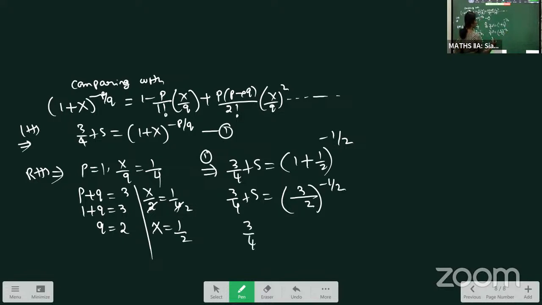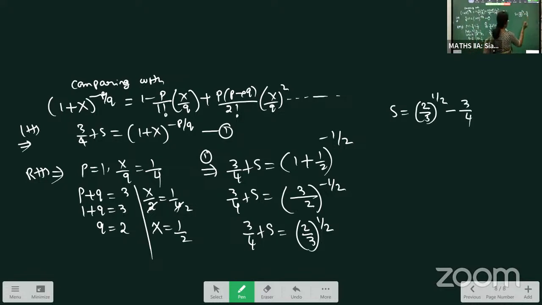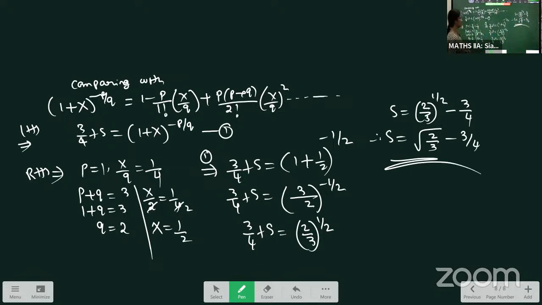Remove the negative power by writing the reciprocal: 2 by 3 whole to the power 1 by 2. He is asking for the sum, so we only want the S value. S is equal to 2 by 3 to the power 1 by 2, and taking 3 by 4 to the right side it becomes minus 3 by 4. One last step: 2 by 3 to the power 1 by 2 can be written as the square root of 2 by 3, minus 3 by 4. So that is how we can conclude.